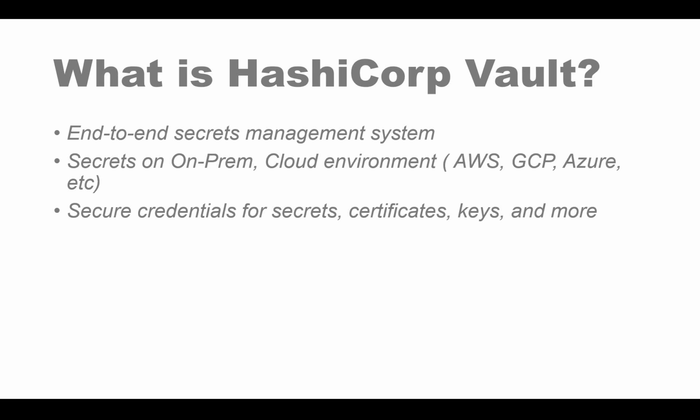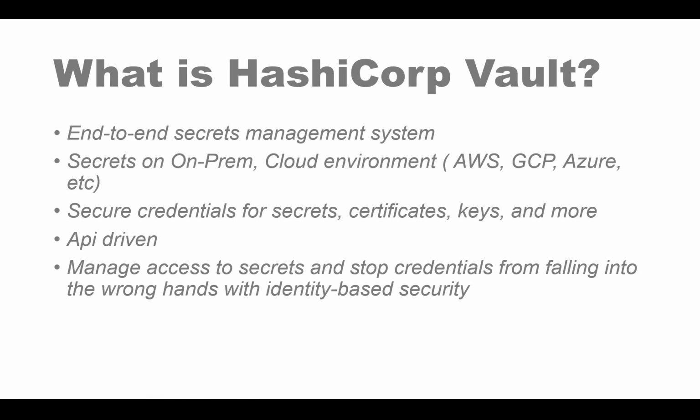We can put all this into HashiCorp Vault, and we can make it more secure. One of the things about HashiCorp Vault is that it's API driven, and everything, whether through the UI or by calling it directly, is done through the API. We can also manage access to the secrets and make sure these credentials are not falling into the wrong hands with identity-based authentication and security. That's also very important, that we have policies and an authentication process.